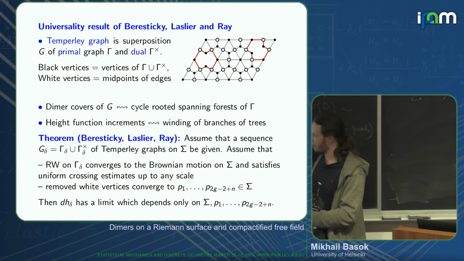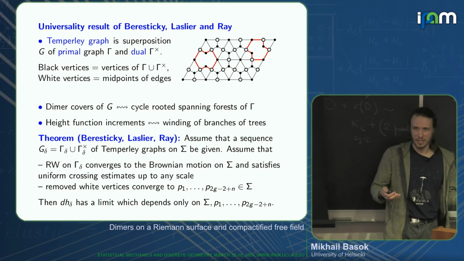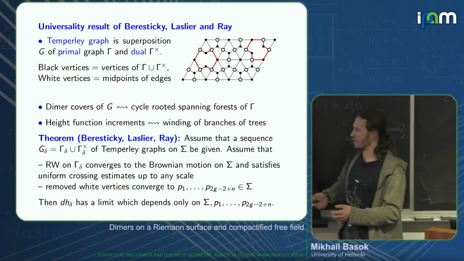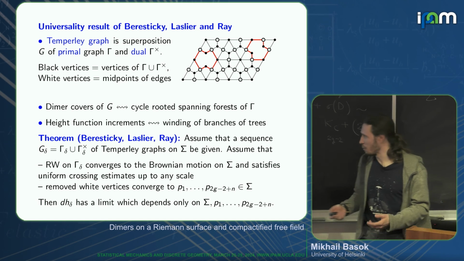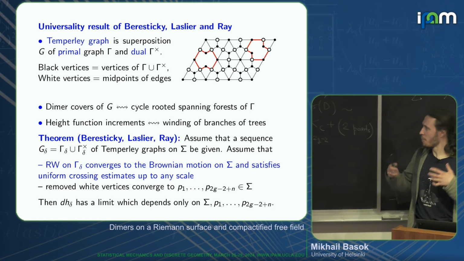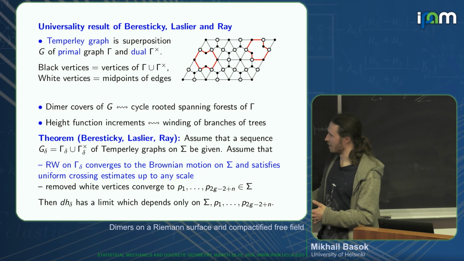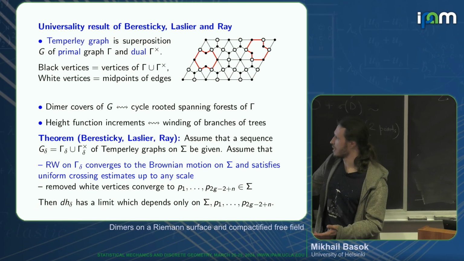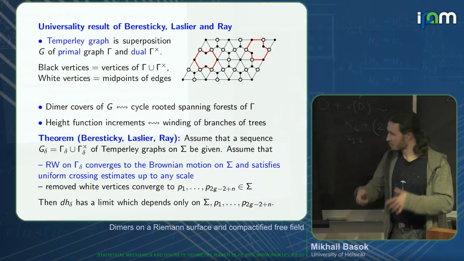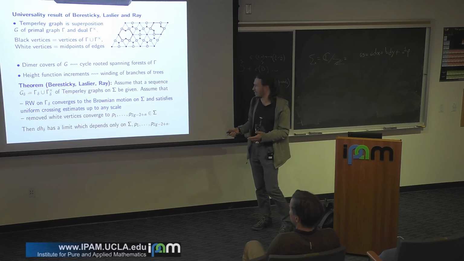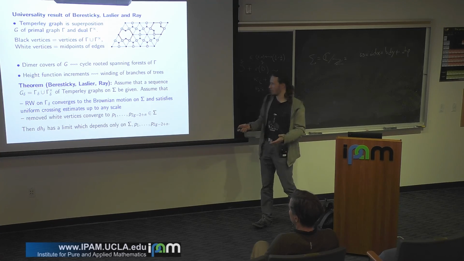So here's the theorem due to Nathanaël, Benoît, and Gourab. Let us look at it line by line. They assume that we have a sequence of Temperley graphs on our sigma with some mesh, some scale delta somehow encoded there.